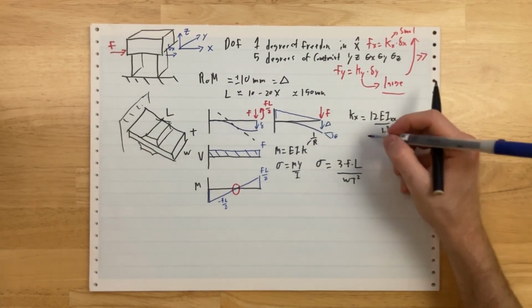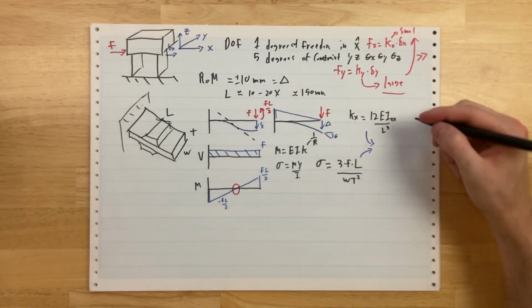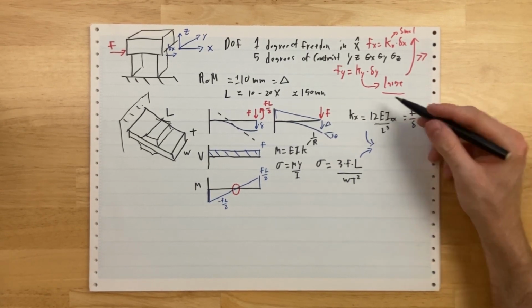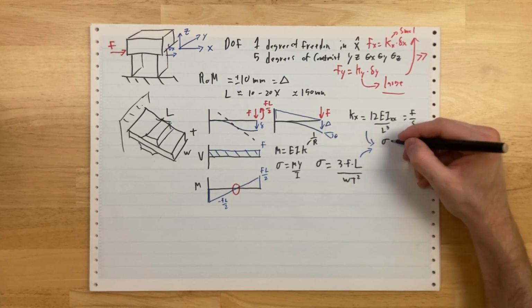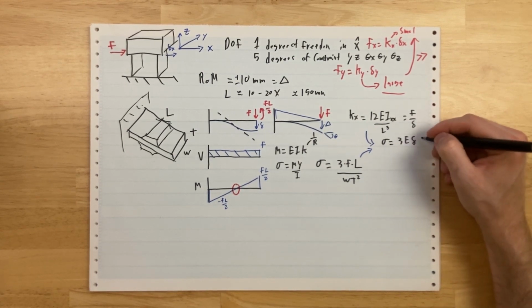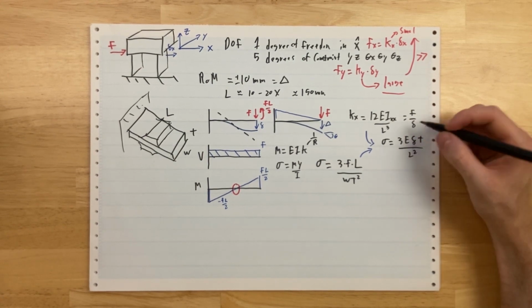You put these two together, plug and chug, you're basically saying Kx equals F over delta. You're solving for F, putting that in here, and you get out that sigma equals 3 times the Young's modulus times delta times T over L squared. But I don't really care about the stress.